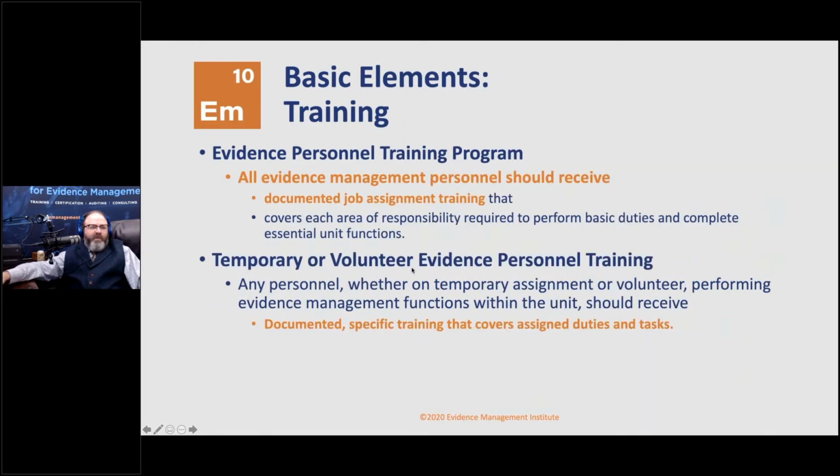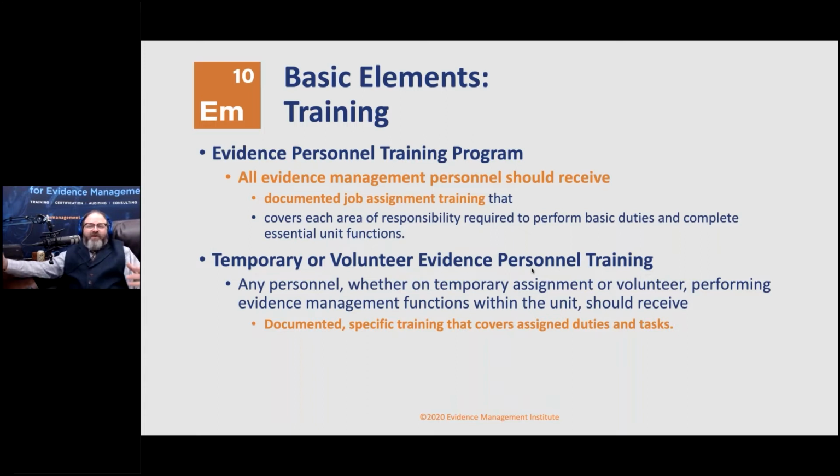So, the evidence personnel training program, this is for people inside the evidence unit, people working in evidence operations on a daily basis, or for whom that's a primary responsibility. They should receive documented job training that covers each area of responsibility, relating to the duties or tasks they're supposed to complete as evidence managers.